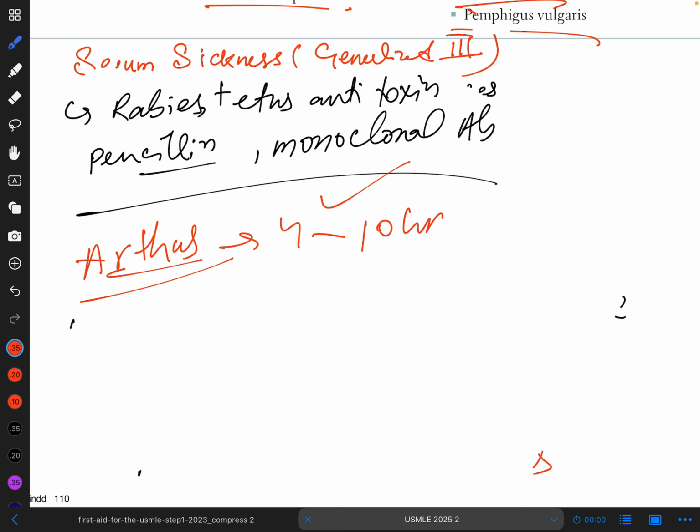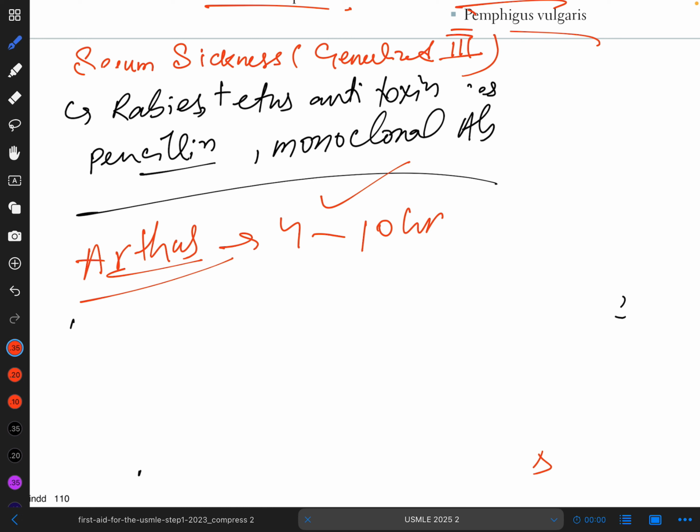If you do immunofluorescence staining, there will be antibodies and complement deposits. It is reported with skin injections like tetanus, diphtheria, hepatitis B vaccine, and insulin, and there will be swelling and redness about 5 hours after the injection.